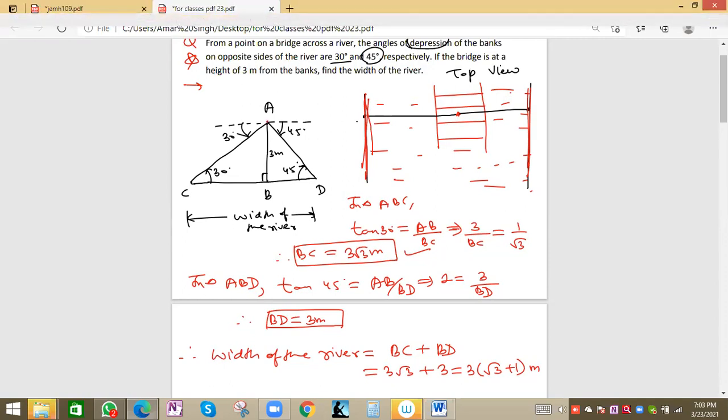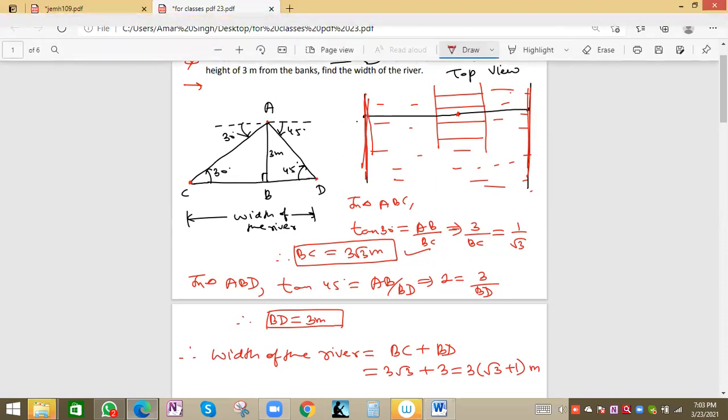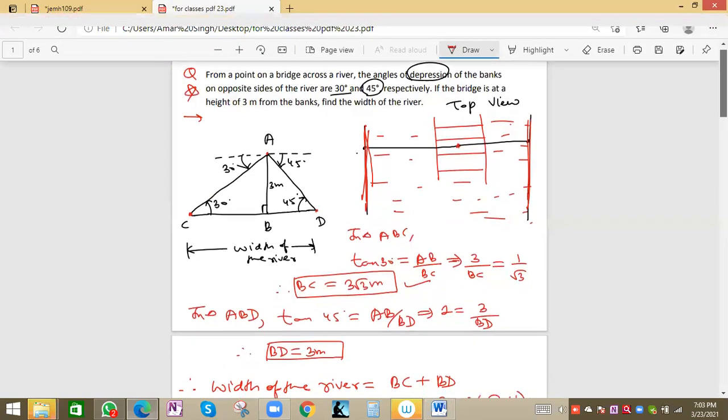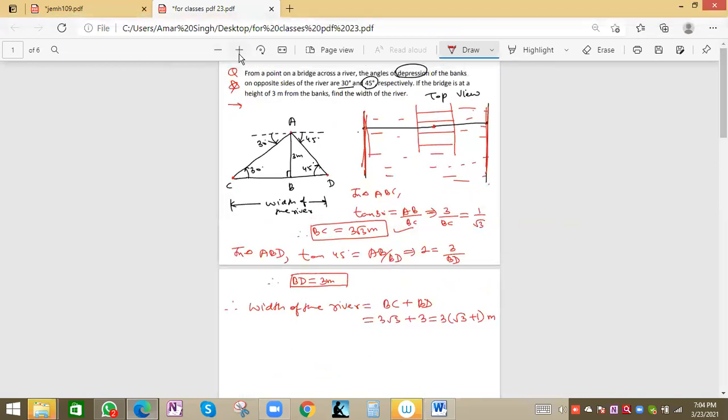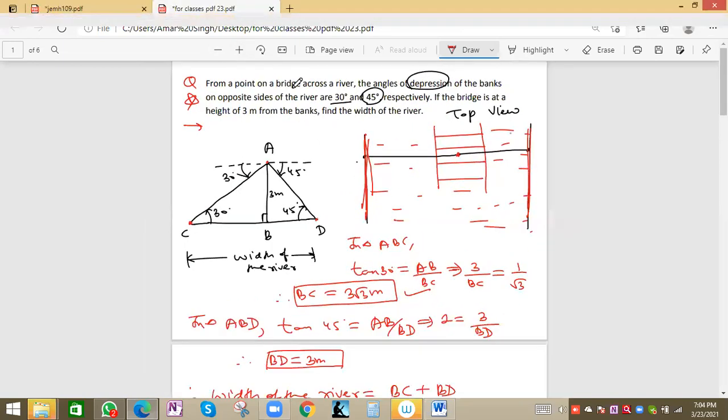From a point, these are the portions of the banks of the river. They have given opposite positions here, and we can draw accordingly.